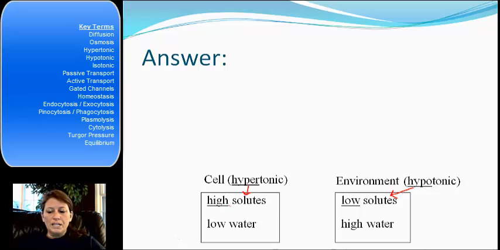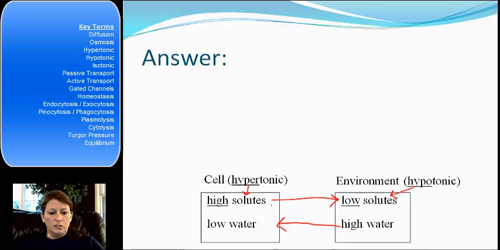Okay, so what is the movement going to do? I remember from my definition for diffusion that it always moves from an area of greater or high concentration to low concentration. So my solutes, I can draw my arrow, so arrow high to low, and my water high to low, and that's osmosis.